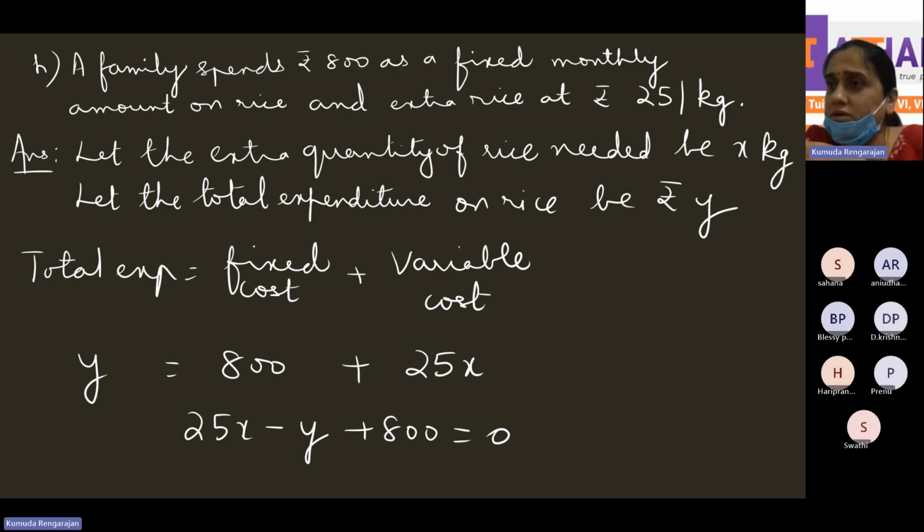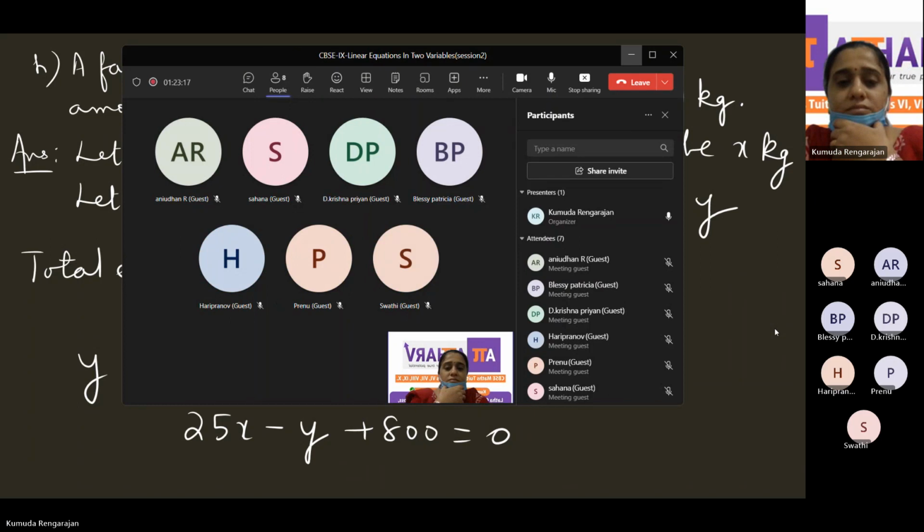All of you have learned linear equations in school. Hariharan, this chapter linear equations, you completed in school. Anybody not completed here? No. All the others completed. Online students, who still has to learn linear equations in school? Anirudhan finished. Sahana? Finished, ma'am.